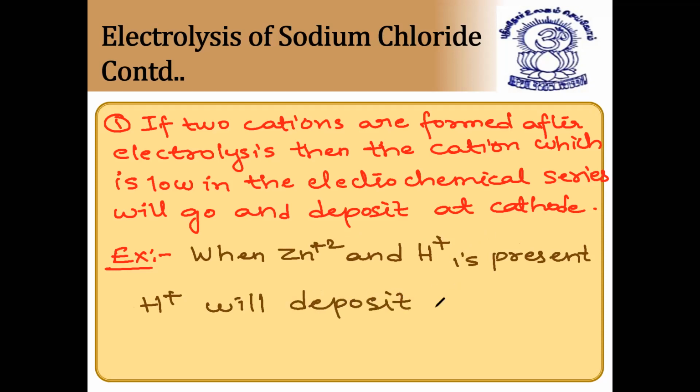So this is in case of cations. When H+ goes to cathode, it gains electrons and forms hydrogen gas. So zinc ions will be in the container only.